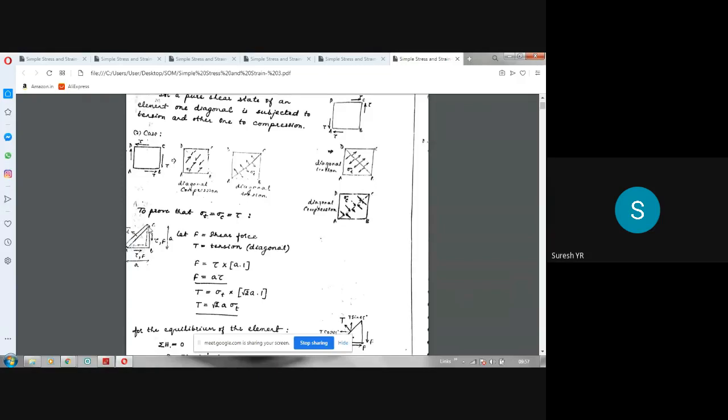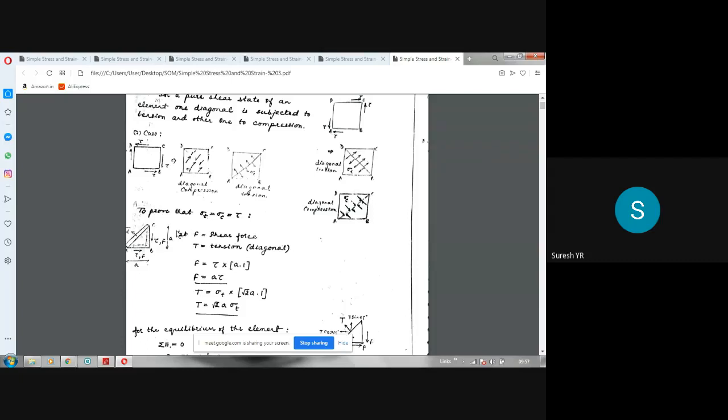That means if you cut a square into two along the diagonal, you get this element. So AB is equal to A, BC is also equal to A. Then this hypotenuse will be root 2A. By the Pythagoras theorem, root of A square plus A square, this AC length will be root 2A. And once again, I will take the thickness as 1, unity.